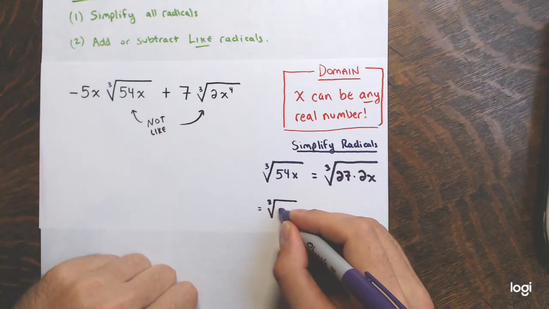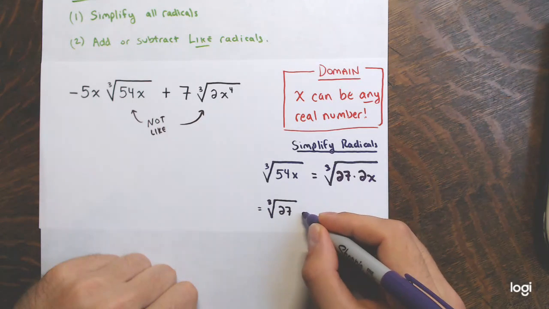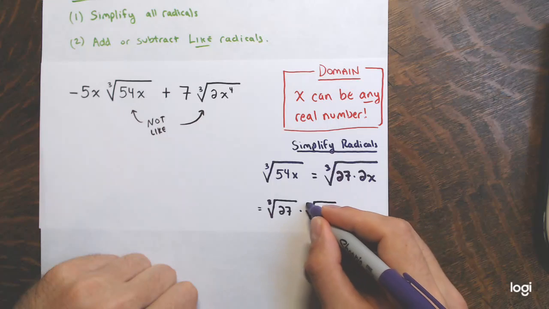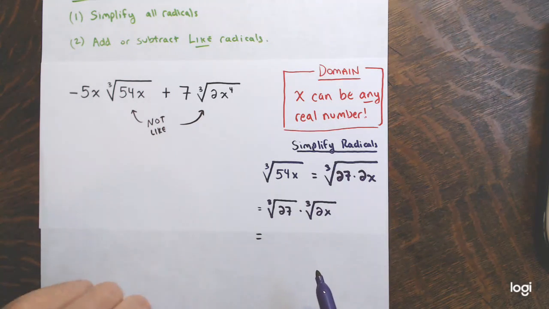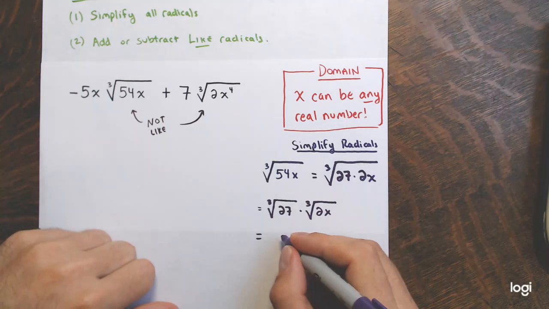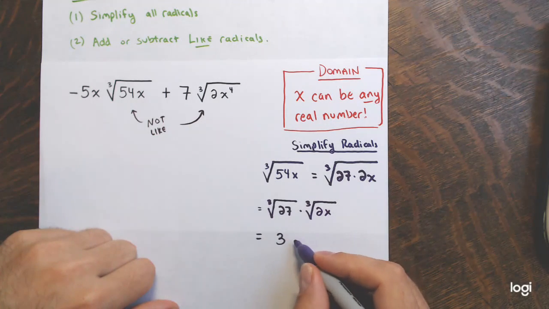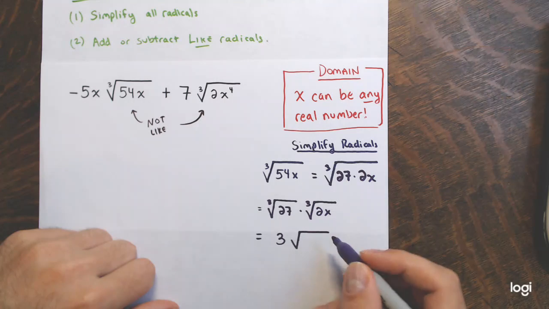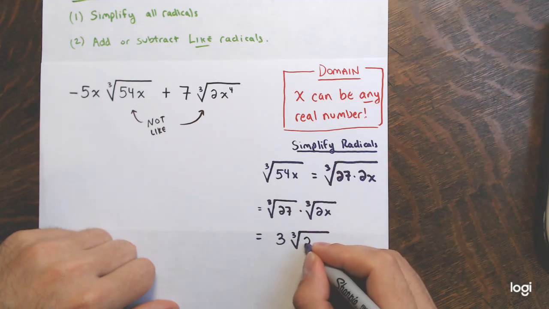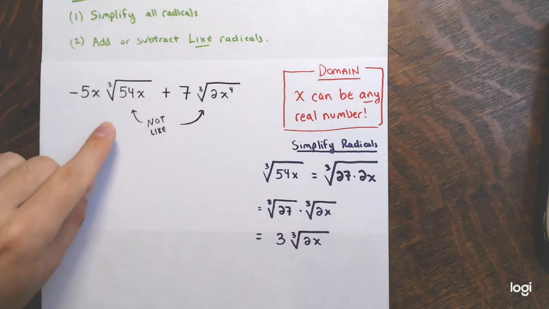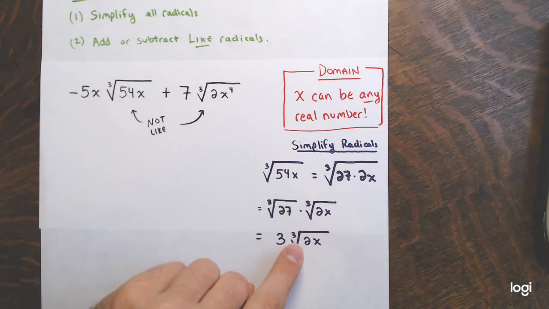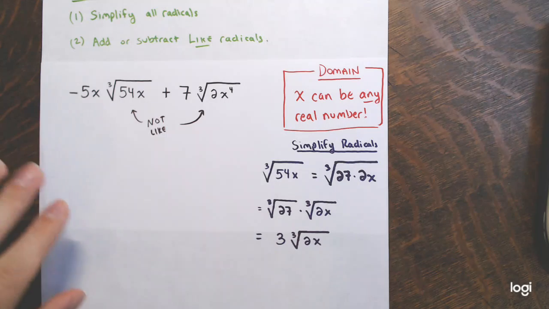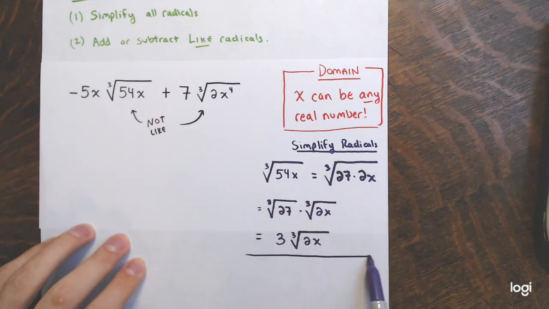This is the cube root of 27 multiplied by the cube root of 2x. And as I mentioned, the cube root of 27 is positive 3. So this is 3 times the cube root of 2x. I'm going to replace this cube root of 54x with 3 times the cube root of 2x in a minute.